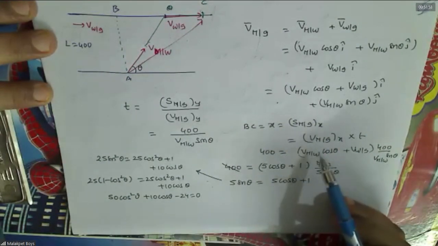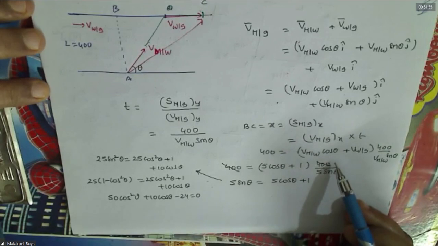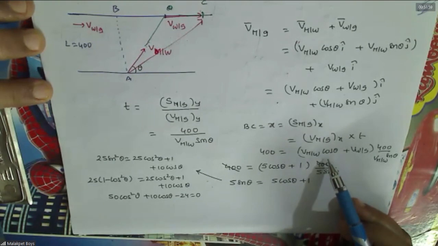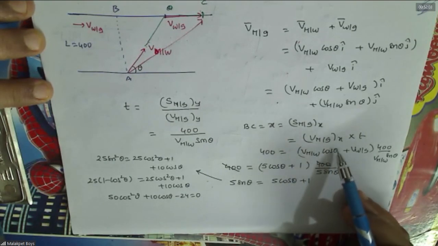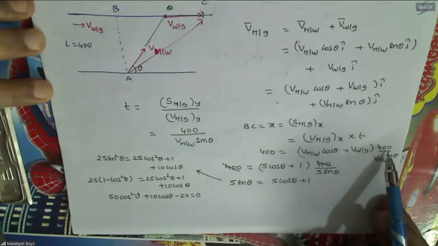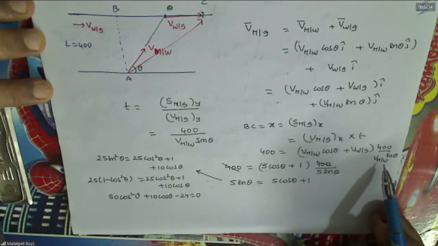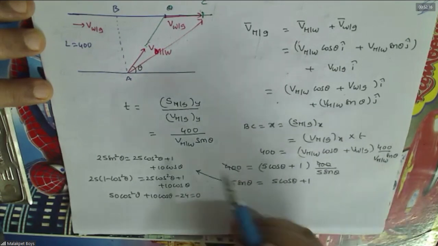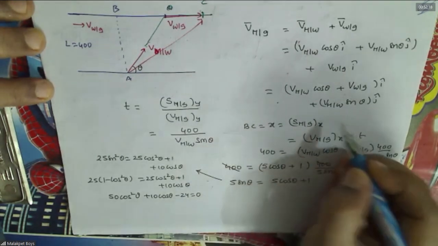That should be 400 by VMW cos theta, na, sir. This 400 is here now. Yes, sir. Divided by VMW cos theta it should come out, sir. Why cos theta should come, and time is how much here? The y component is this, no?